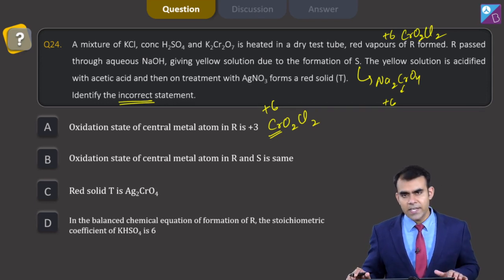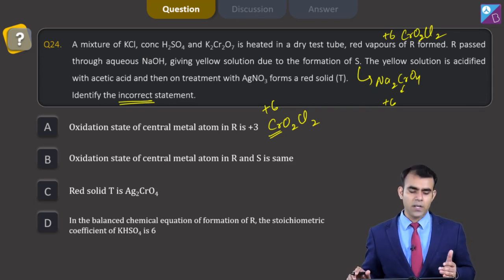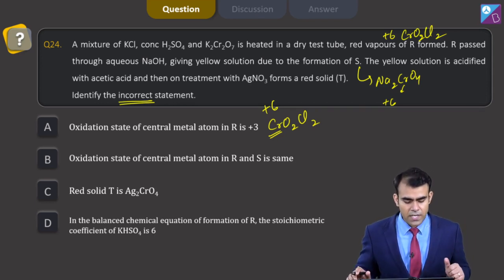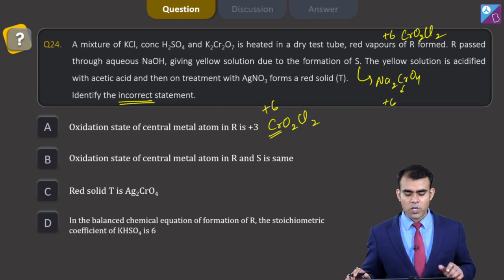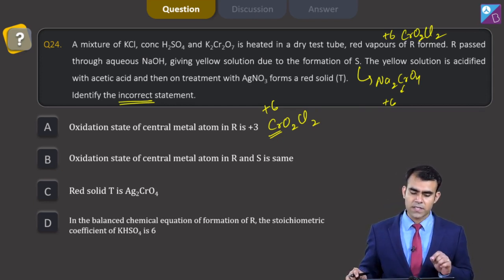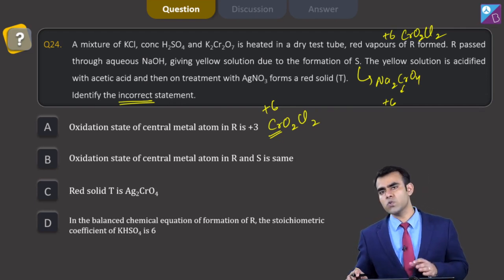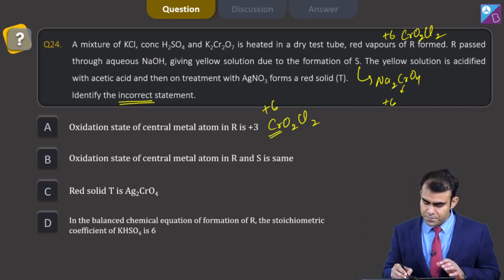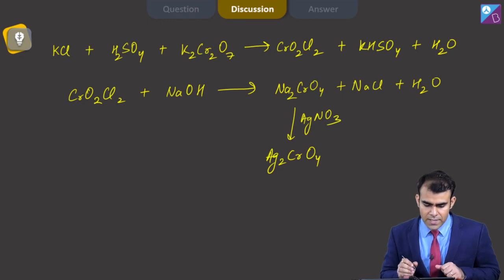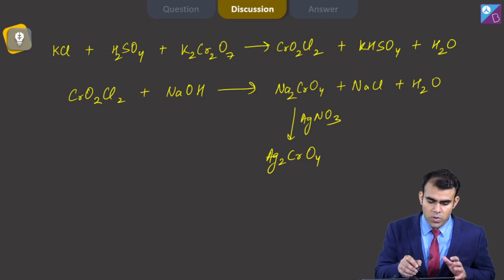Red solid T is Ag2CrO4. Yes, this is silver chromate. And last, in the balanced chemical equation of formation of R, the stoichiometric coefficient of KHSO4 is 6. Now we have to balance the equation. If I do the balancing, we have K2Cr2O7 and CrO2Cl2.